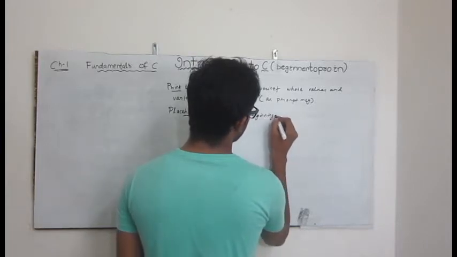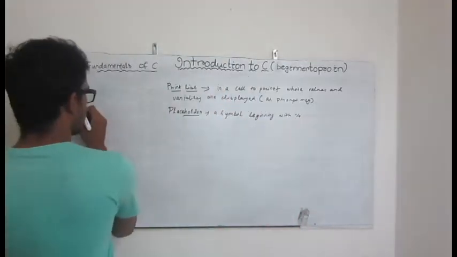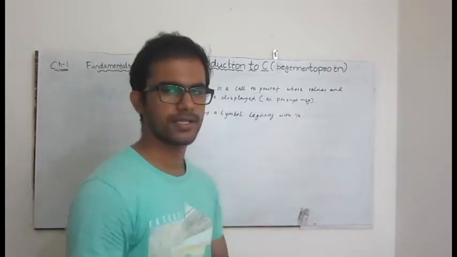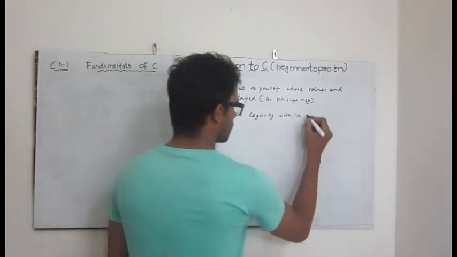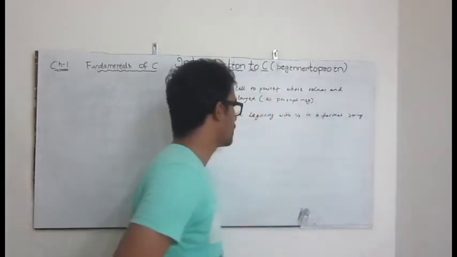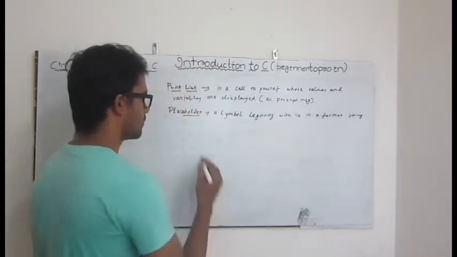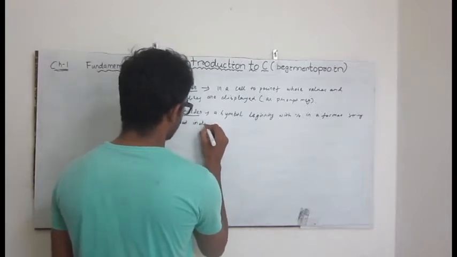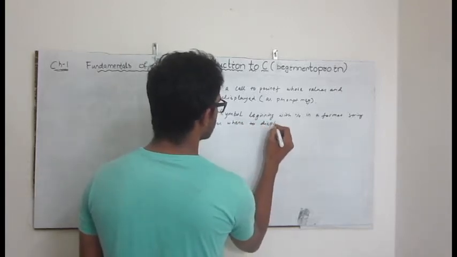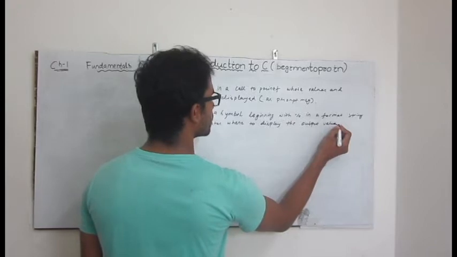I will show you the example later. Let's complete this theory part: a symbol beginning with percentage in a format string that indicates where to display the output value.